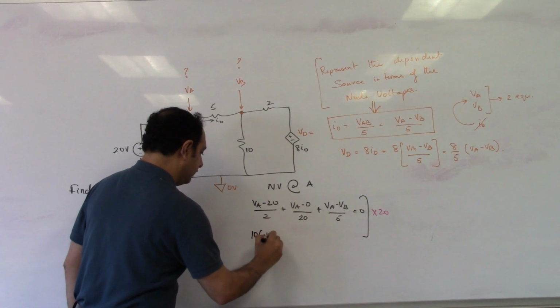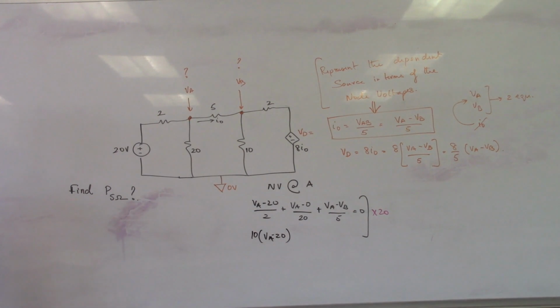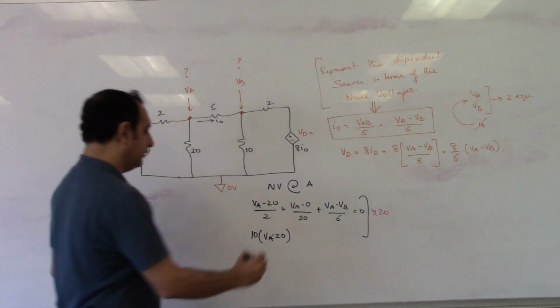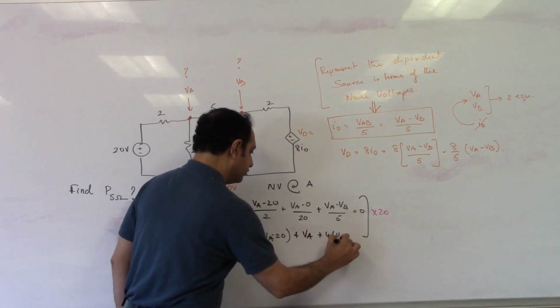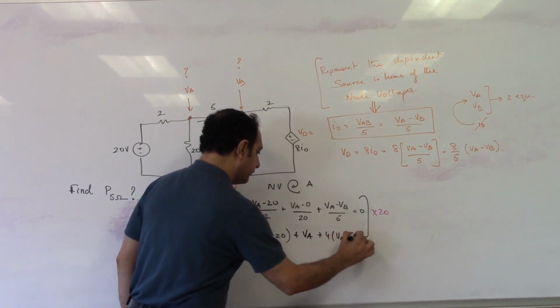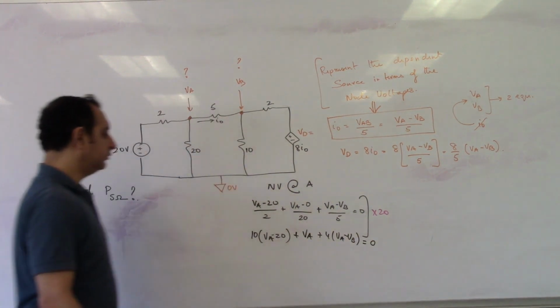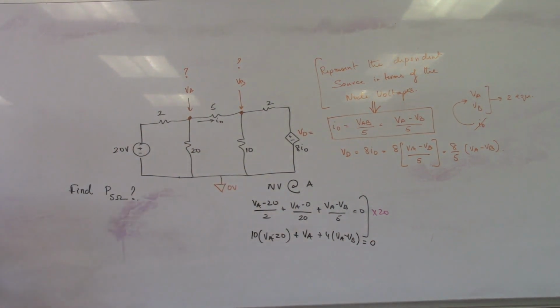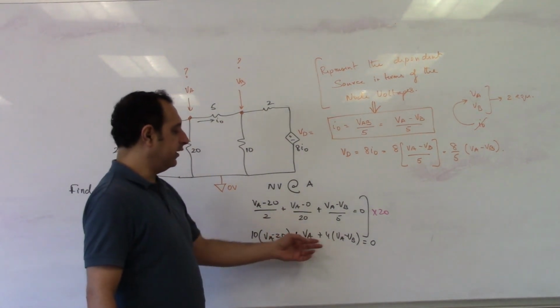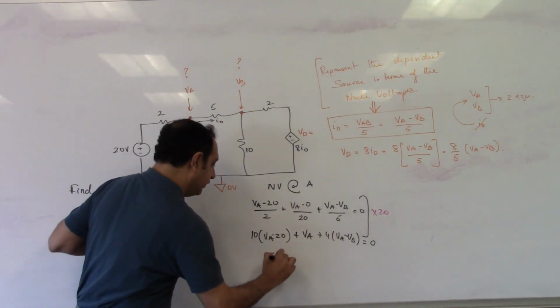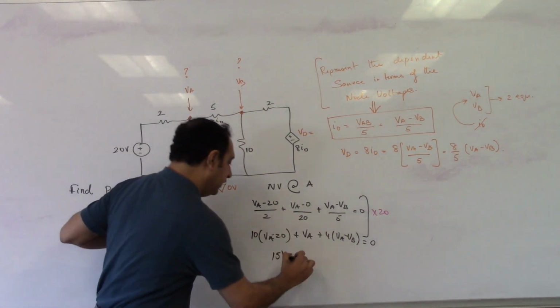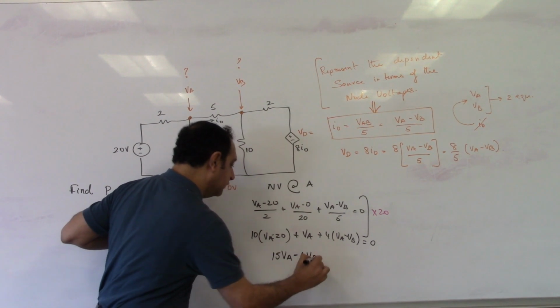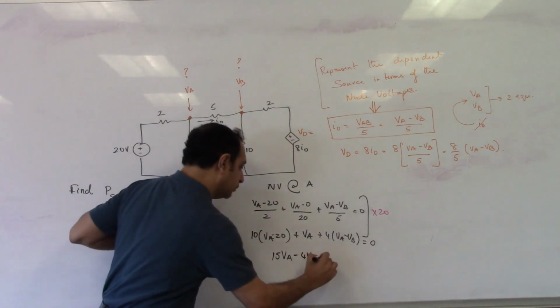So here you'll have 10 times (VA minus 20), plus VA, plus 4 times (VA minus VB), equals 0. So 10, 4, 14, and 1, 15. This will be equal to 15 VA minus 4 VB equal to 200.